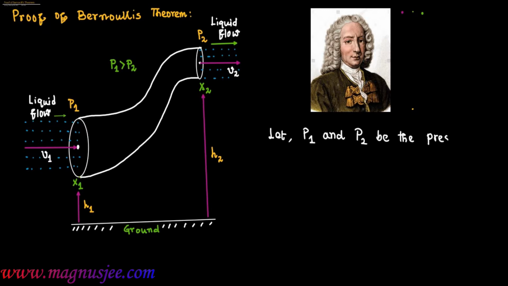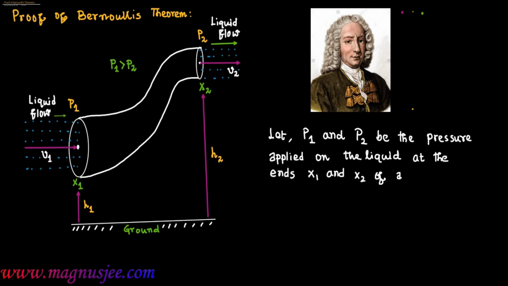Let P1 and P2 be the pressure applied on the liquid at the ends x1 and x2 of the pipe of variable cross section.